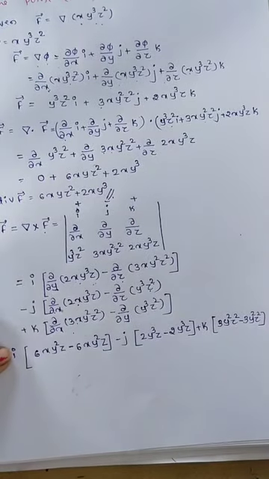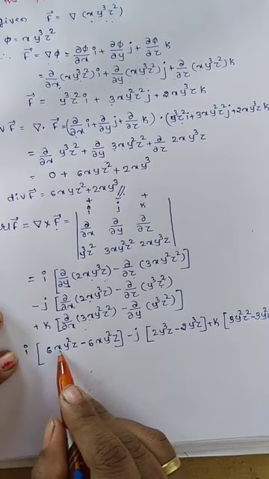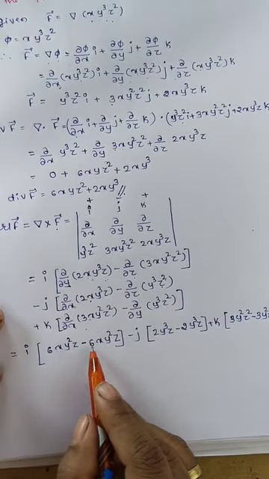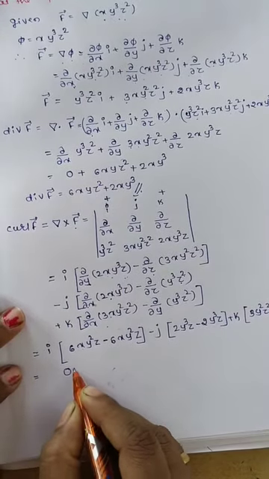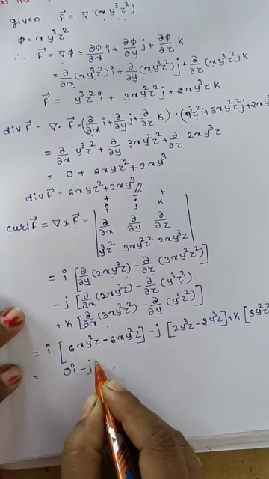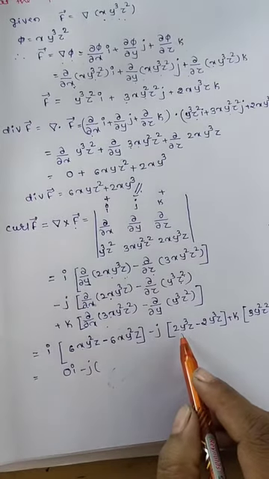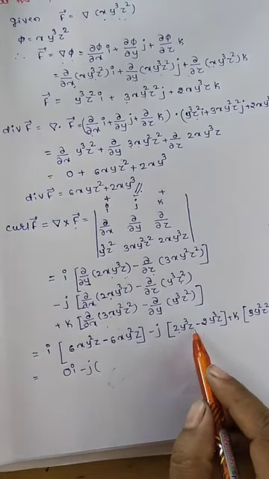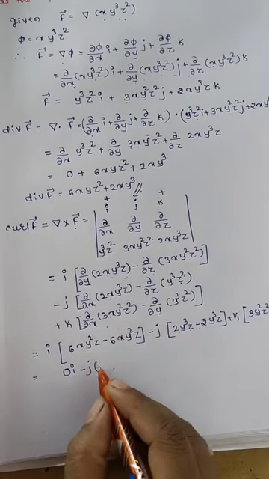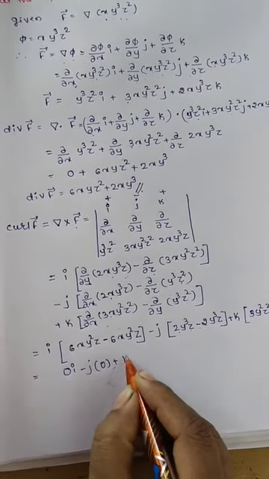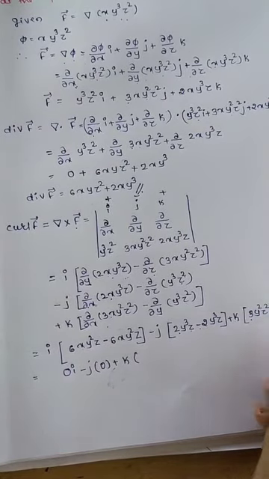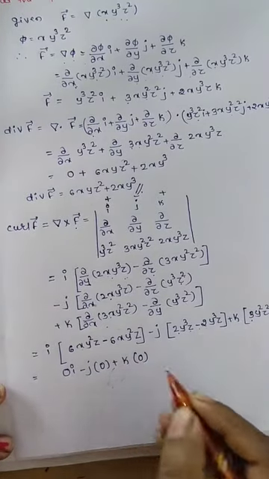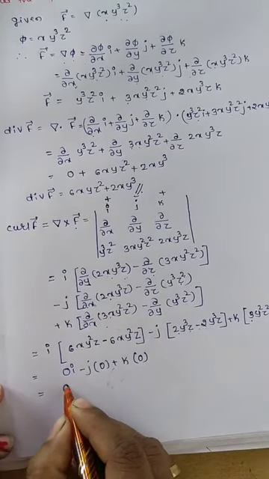Now after simplifying, 6xy²z minus 6xy²z, plus and minus become a 0, minus 0, minus j. 2y³z minus 2y³z becomes a 0, plus k. 3y²z² minus 3xy²z² becomes a 0, is equal to 0.